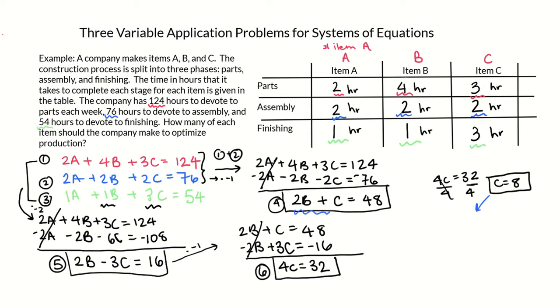We could also use equation 5, either one is okay. So put C into equation 4. C equals 8, so substituting we get 2B plus 8 equals 48 by replacing C, and then we solve for B. So subtract 8 from both sides, get 2B equals 40. Divide by 2, we get B equals 20.